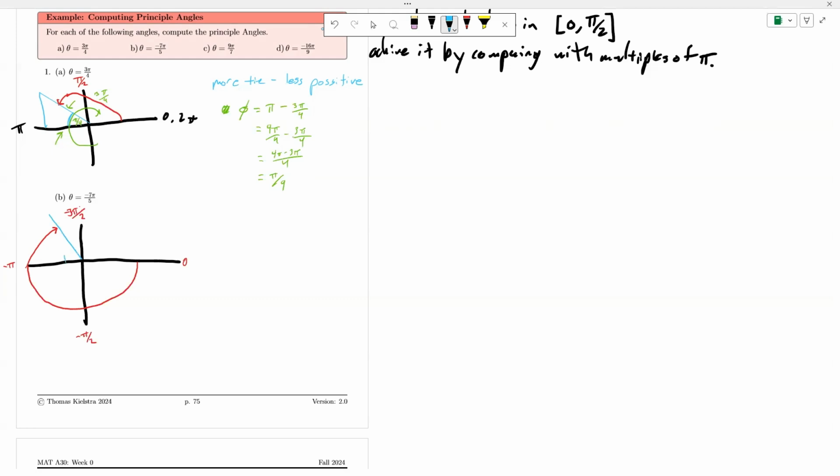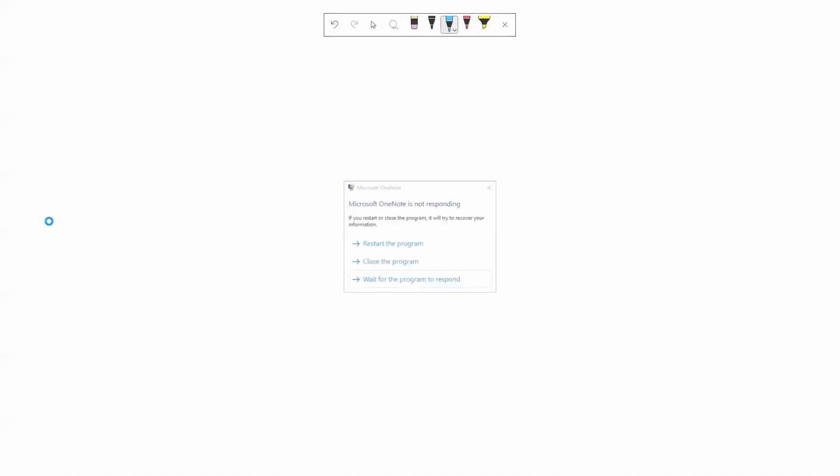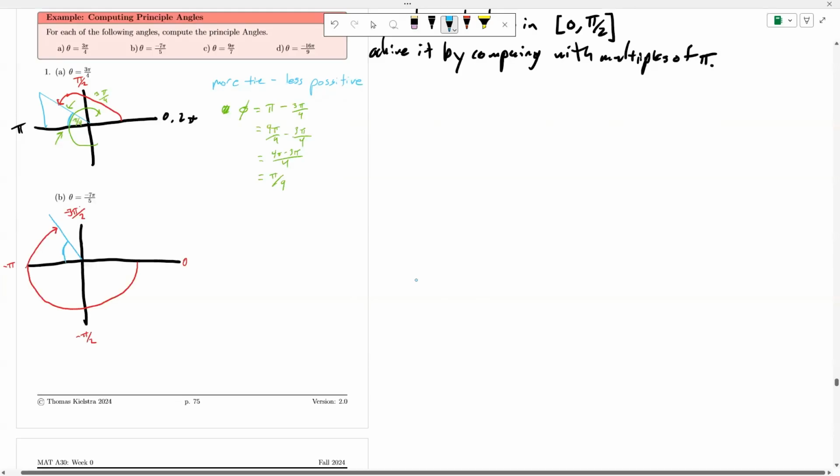So my phi equals minus pi minus my minus 7 pi by 5, which equals minus pi plus 7 pi by 5, which equals minus 5 pi by 5 plus 7 pi by 5, which equals 2 pi by 5. And that is my principal angle.